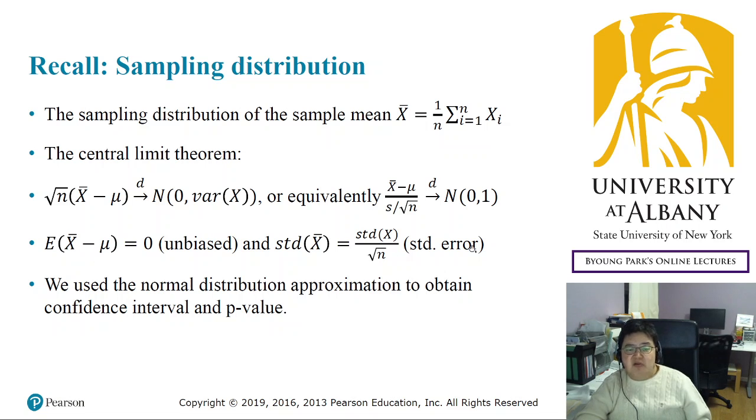And the standard error can be calculated from this. Because of the multiplied coefficient square root n, the denominator must have square root n. Later on, we are going to use the normal distribution to calculate the confidence interval and the p-value.